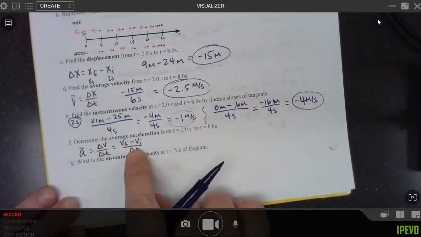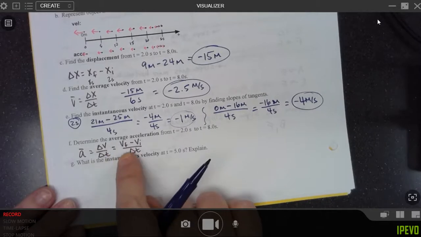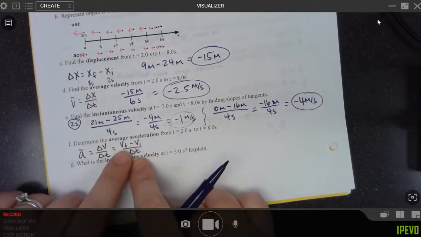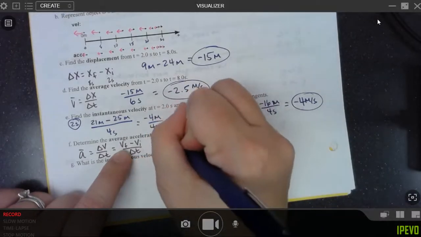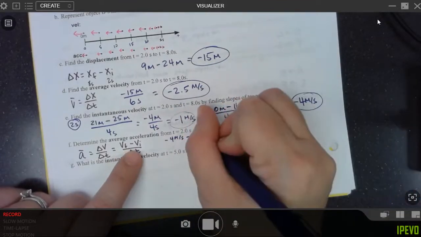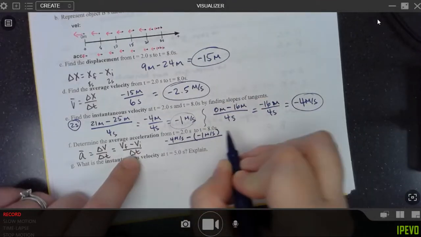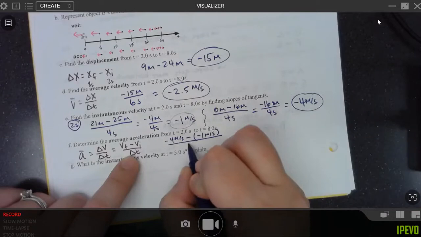To determine the average acceleration from 2 to 8 seconds, we're going to look at our two velocities. This is why we just calculated them up here. Here, our velocity at 8 seconds is minus 4 meters per second. So you got minus 4 meters per second minus 1 meter per second divided by the change in time between the two, which is 6 seconds, right? 8 minus 2.